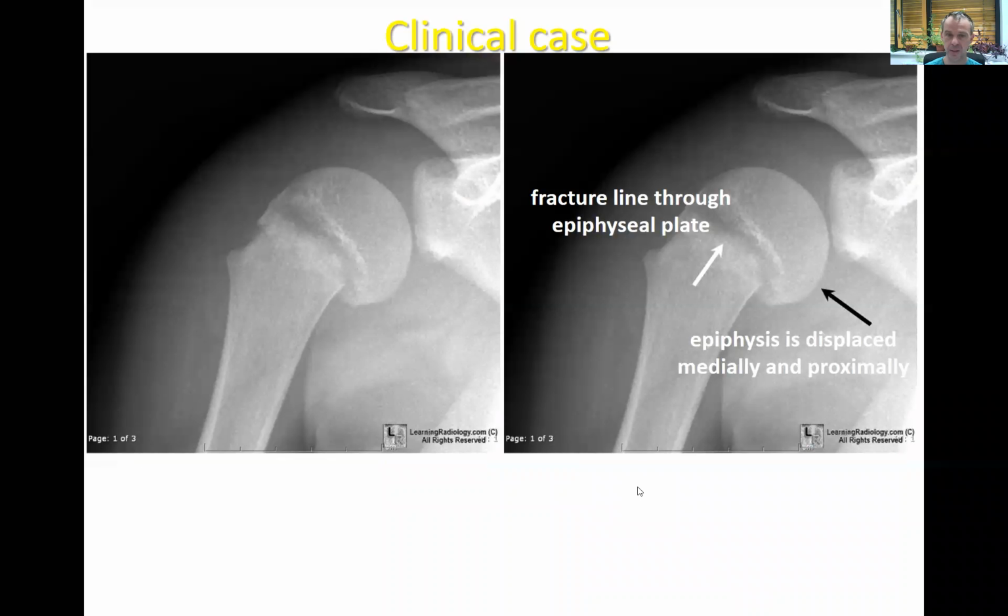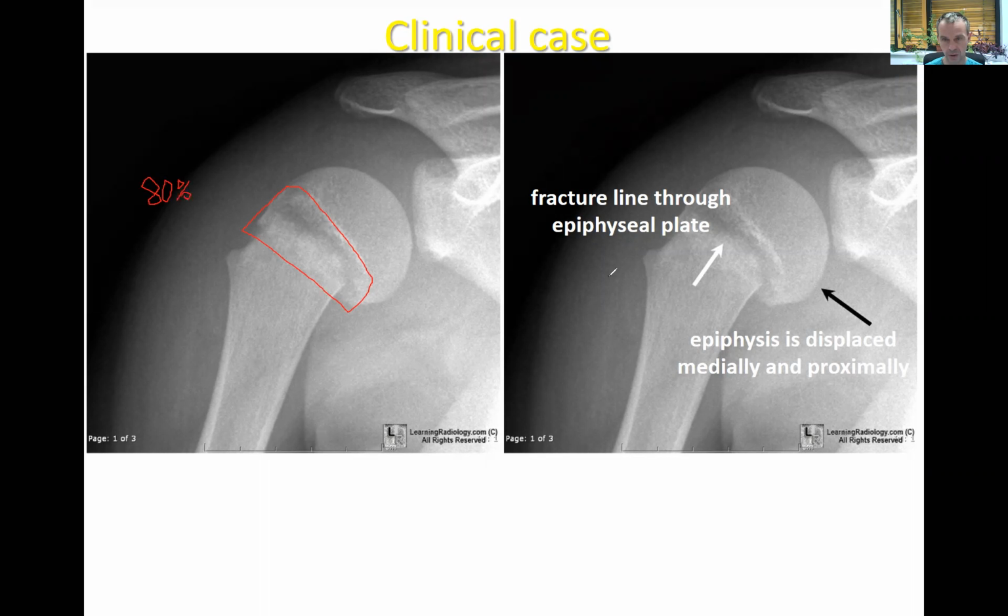And here we can see such an example of a clinical case, as we have here a boy, and the boy suffered from a fracture in the proximal humeral growth plate, and we know that this proximal humeral growth plate is responsible for 80% of the length growth.